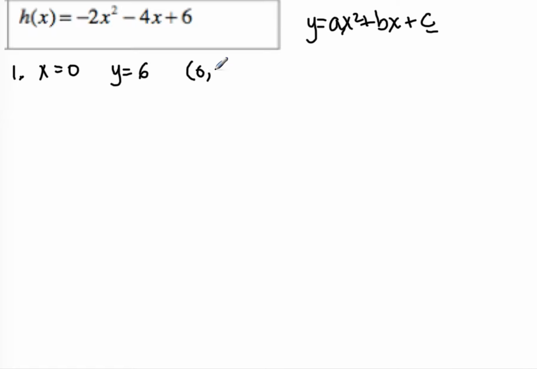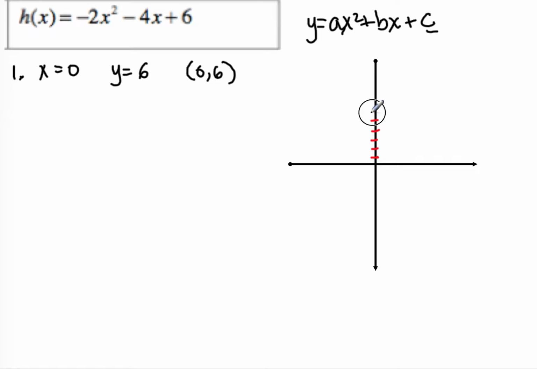So that's the coordinate point 0, 6. I'll start graphing this right away so that we can have an idea of what our sketch is going to look like. So we're at 0, 6. 1, 2, 3, 4, 5, 6.